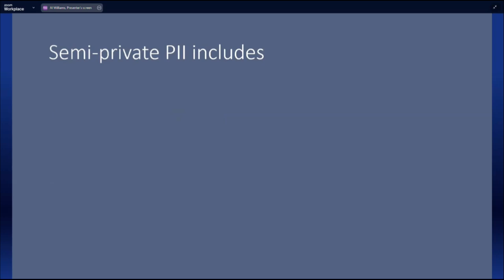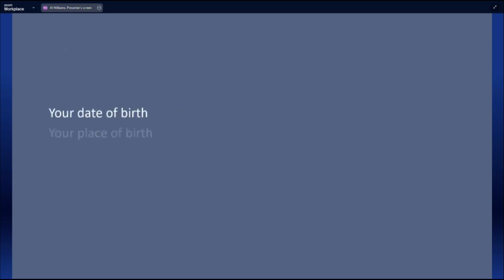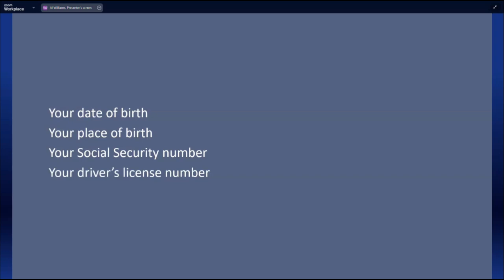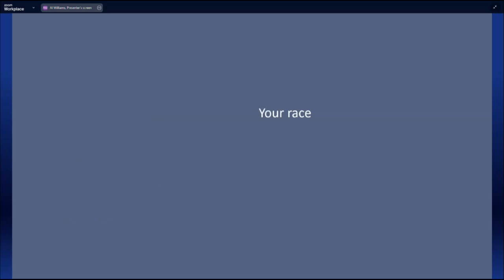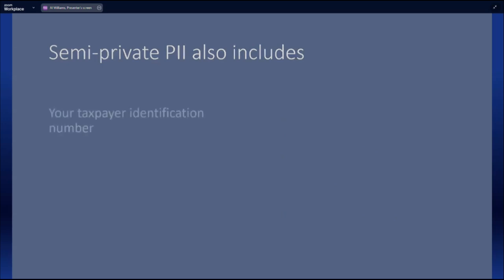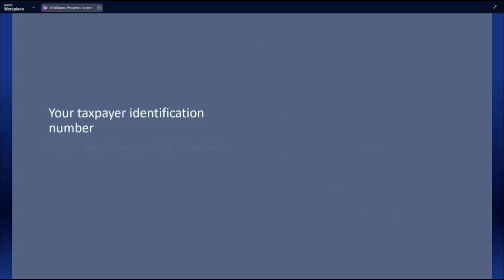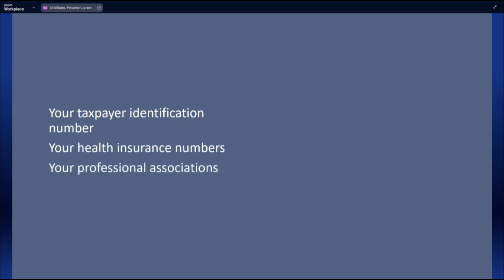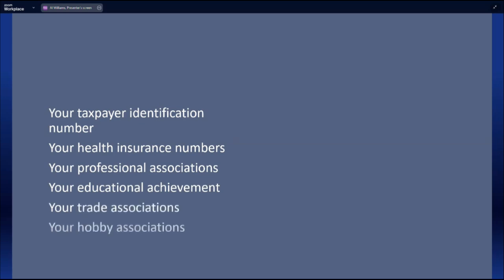This type of semi-private information includes your date of birth, your place of birth, your social security number, your driver's license number, your mother's maiden name, a photograph, your race, your religion, your bank account numbers, your credit card numbers, your passwords, your Medicare number if you have Medicare. And that's so far, but there's even more. It also includes your taxpayer identification number, your health insurance numbers, your professional associations, your educational achievements, your trade associations, your hobbies.